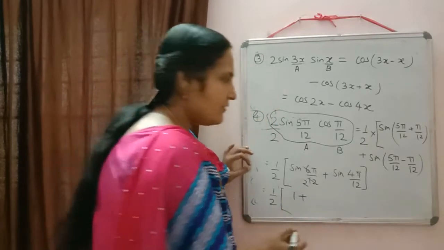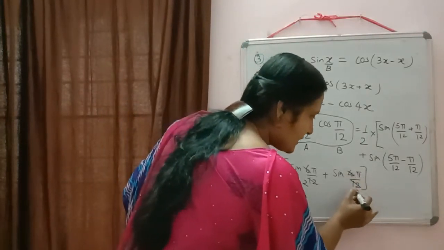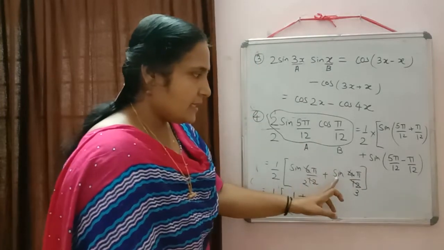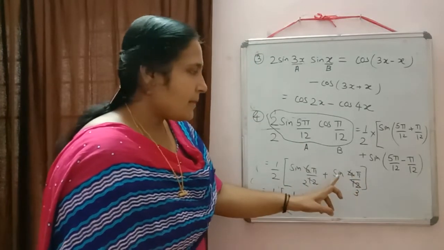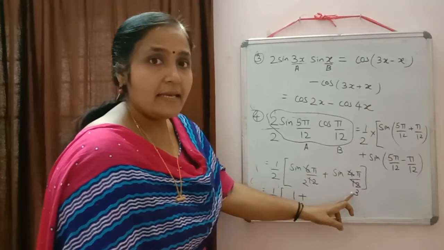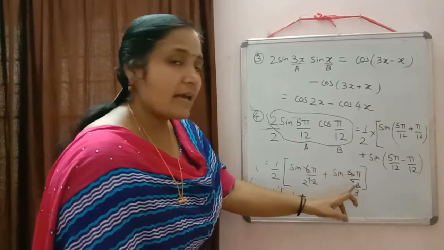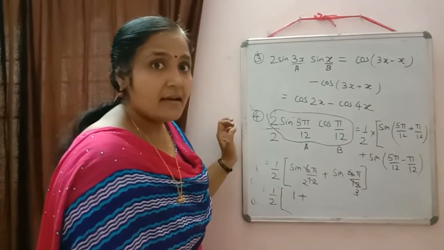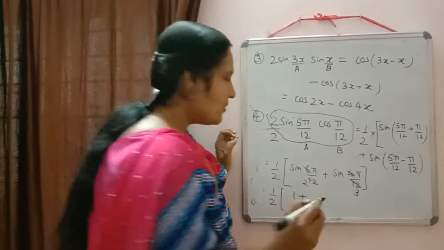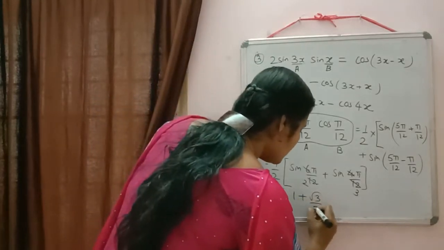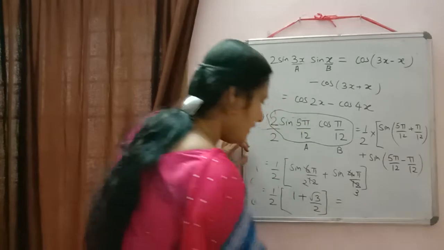Plus, here if we cancel, 4 3s are 12, so we are getting sin π/3. π/3 means sin 60 degree, and the value is √3/2. So 1 + √3/2.